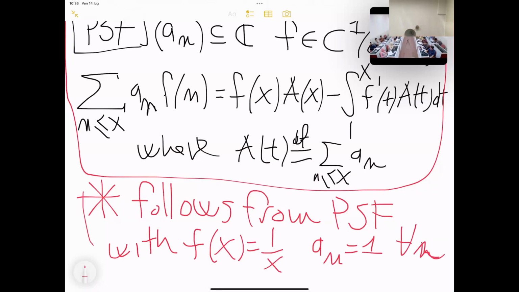So if you plug in this data in the partial summation formula, you get exactly star, this identity.